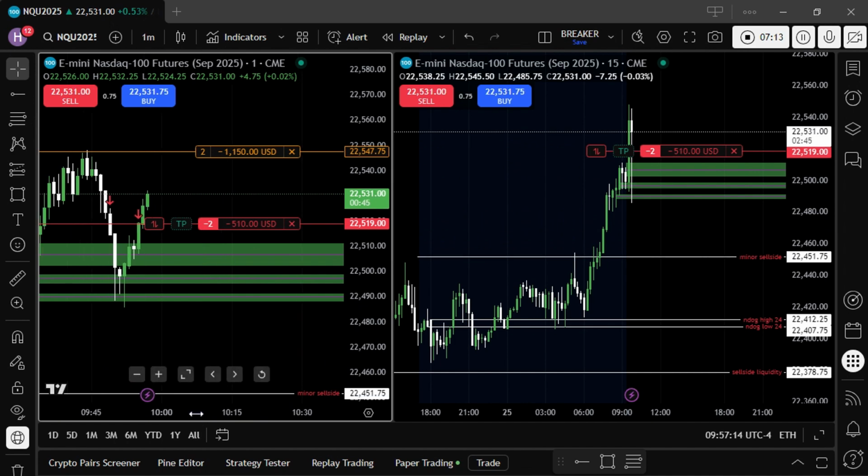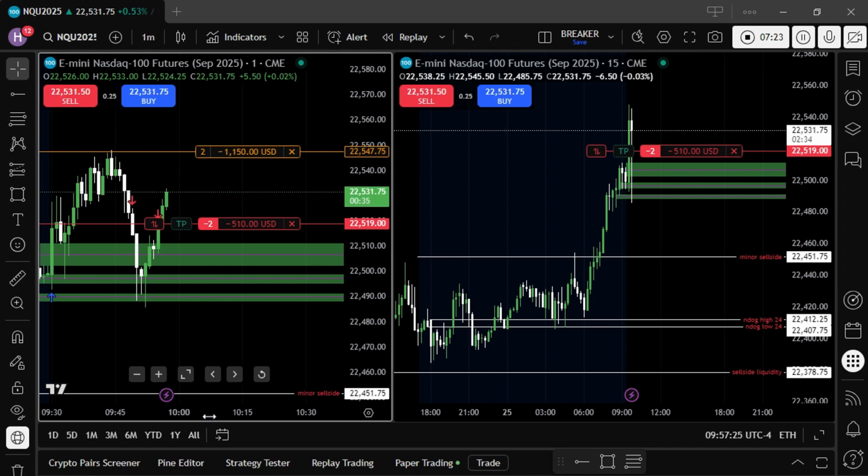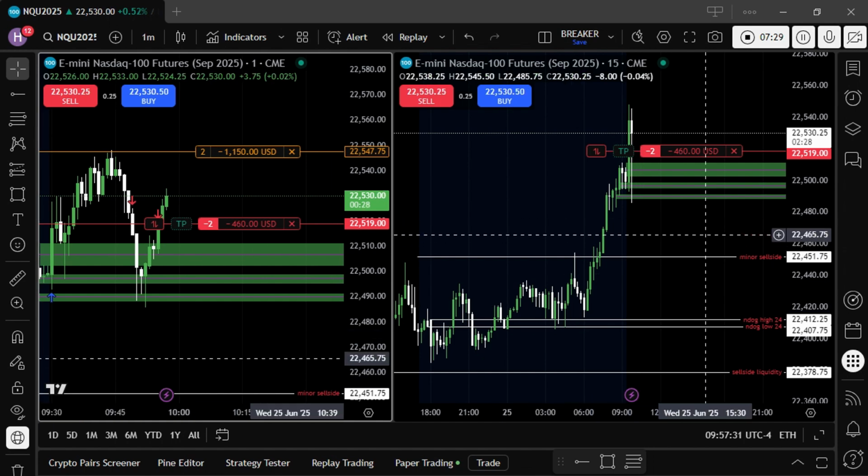So really, I think I was risking, at first I was risking $600, I think, which is not the tightest stop loss, but for me that just means I got in at an okay position.